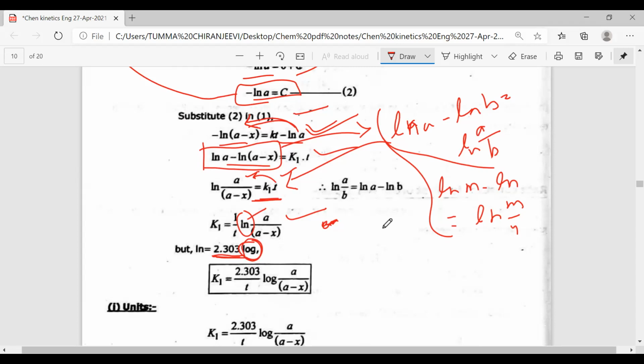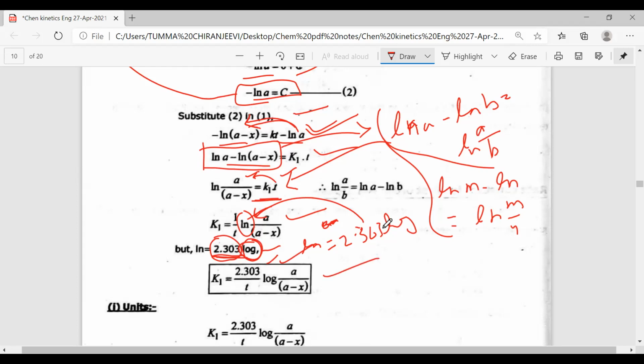When you want to convert the exponential logarithm to the base 10 logarithm, you just have to multiply with 2.303. So the log is equal to 2.303 log. Write down this value in this place, then you can get this equation finally: k1 is equal to 2.303 by t log a by a minus x.